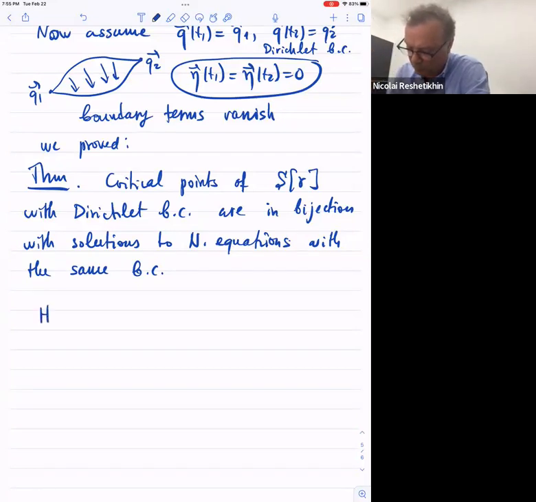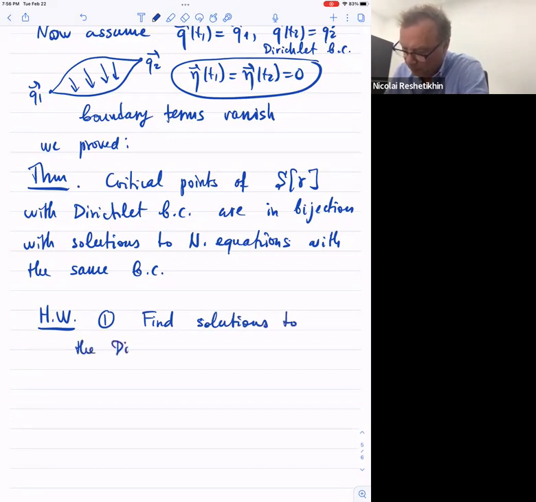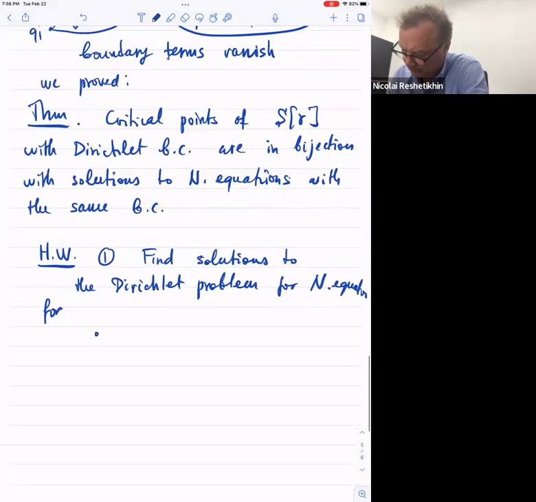So here is the natural homework. First, find solutions to what I will call the Dirichlet problem for Newton's equations, for first, zero potential, that's the free particle. This is easy.